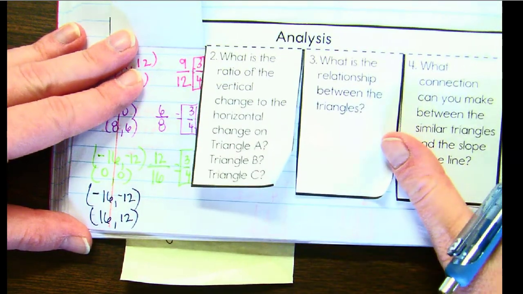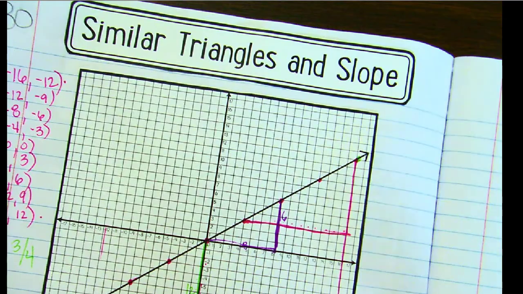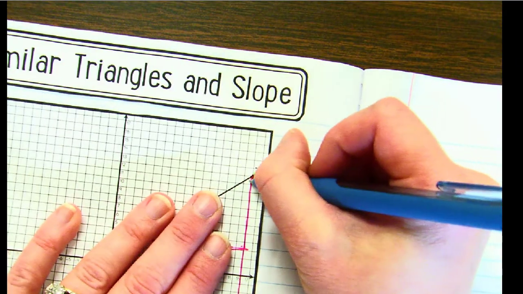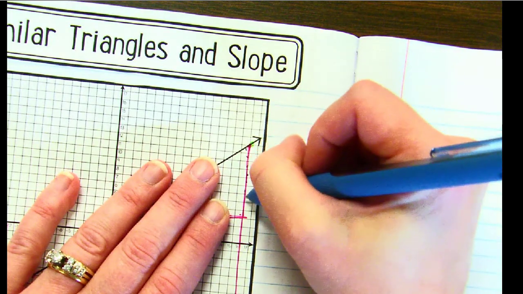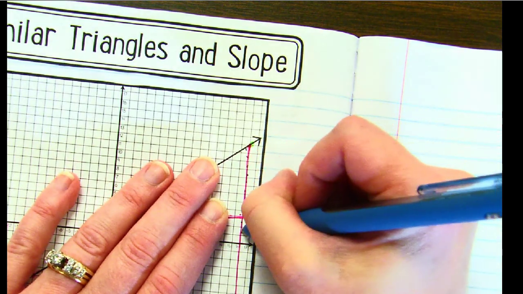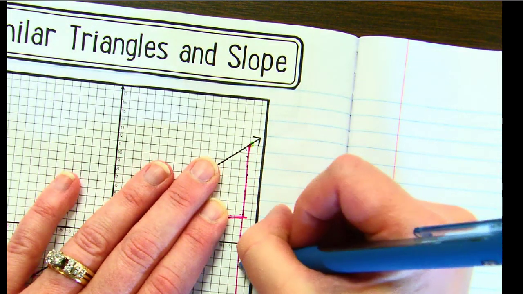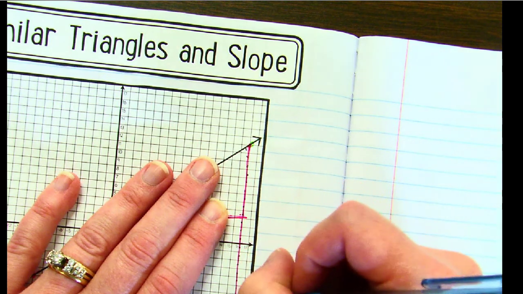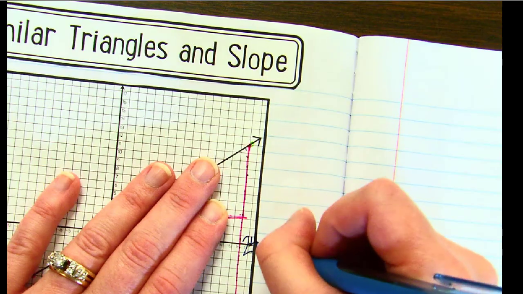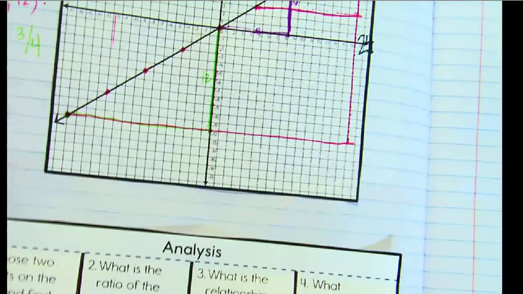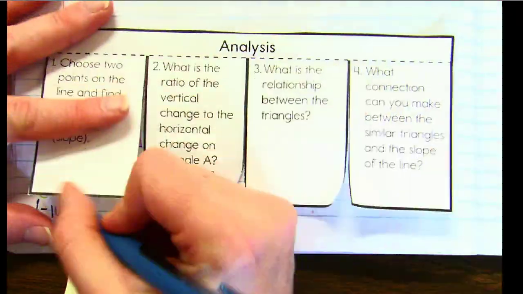So if I count all of those spaces, my vertical spaces are 1, 2, 3, up to 24. So that whole big side length is 24.